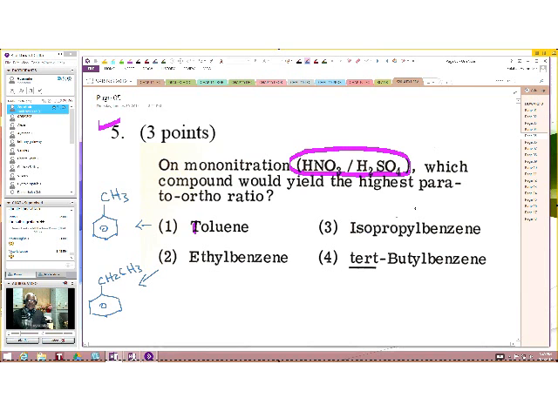And this here is isopropylbenzene. And this here is tert-butylbenzene.